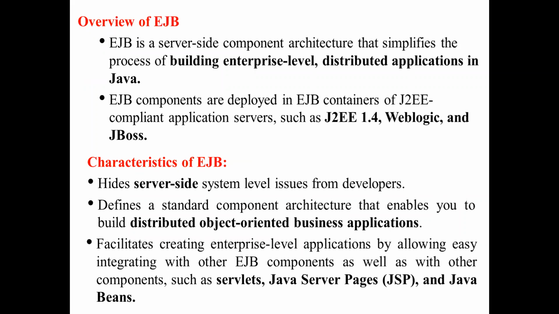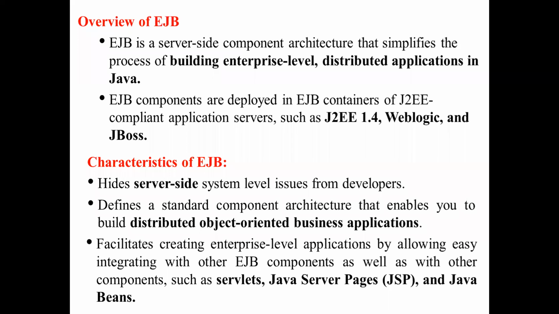It is a server side component architecture used for building enterprise-level and distributed applications in Java. Distributed means decentralized, that is, the RMI process. What is RMI? Remote Method Invocation. It means we can use an EJB from anywhere in an application.